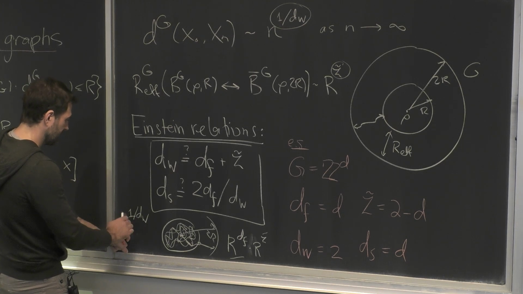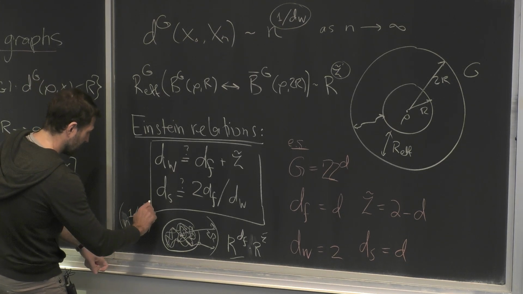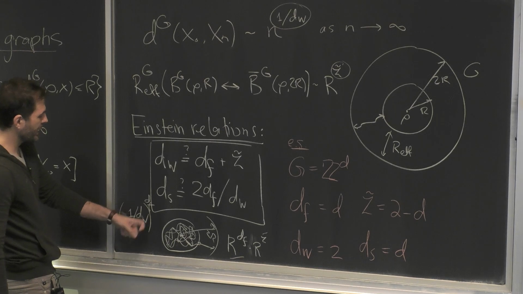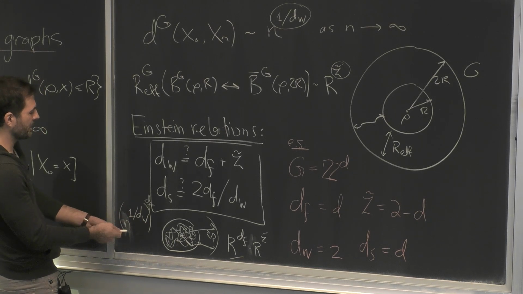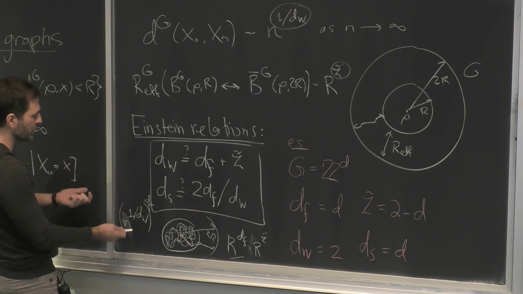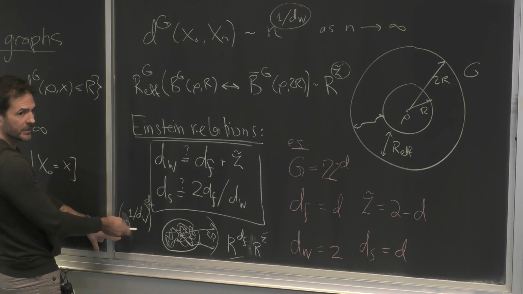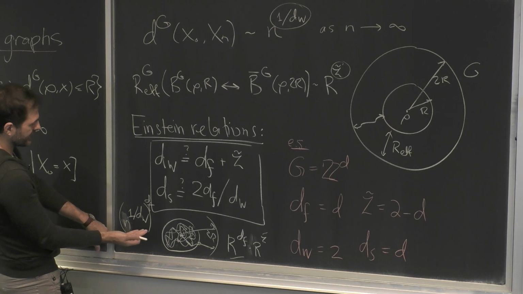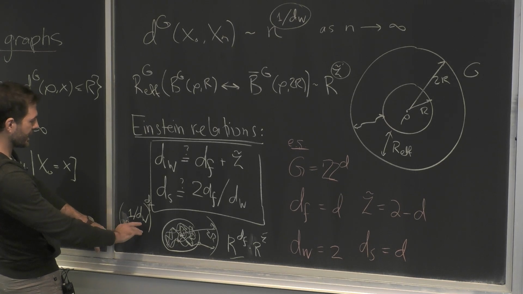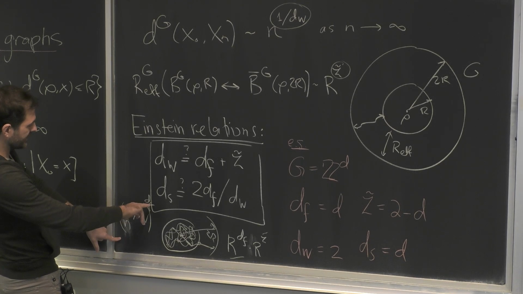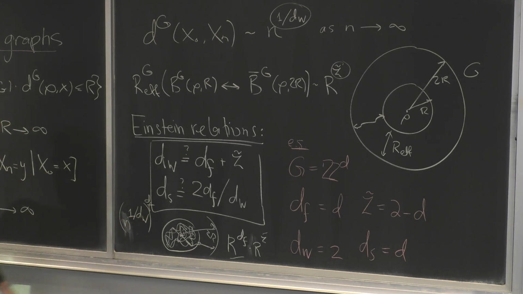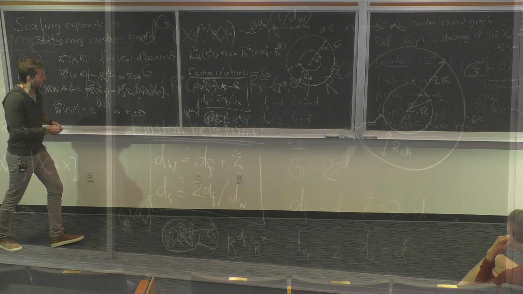Now, in a ball of that radius, I will see this many vertices. And if I expect that at every time step I'm returning to the starting point with probability roughly 1 over the number of vertices, then my probability of getting there will be n to the minus df over dw. And if you look at this definition, it gives you this one.